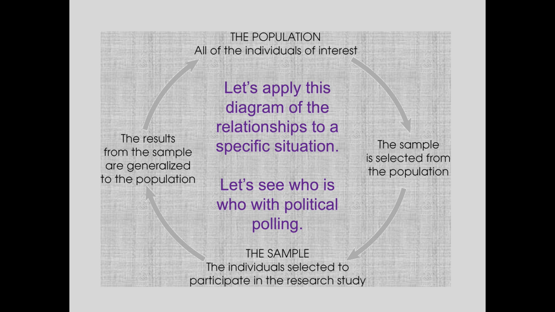That sample is then selected to participate in the research study, and then the results are generalized. And that's where they go on the news and they say, in a Quinnipiac poll today, or in a Washington Post poll, or a New York Times poll, or an LA Times poll, it says such and such a candidate is leading another candidate. So they're not sampling every person in the voting block. They're only sampling those pulled out to be part of the sample.